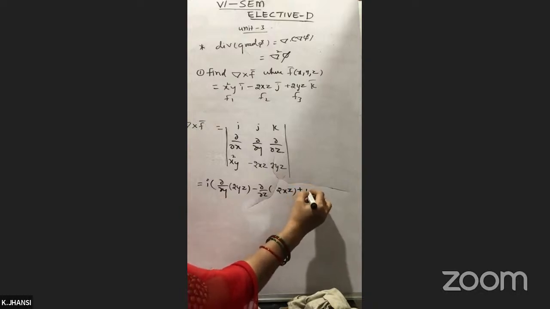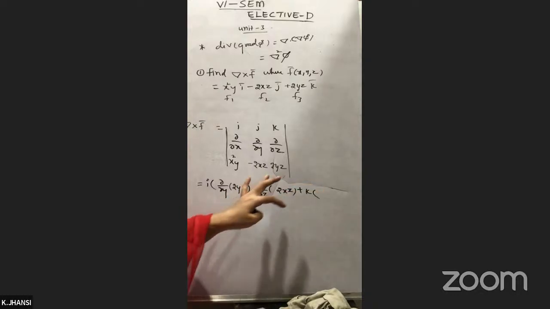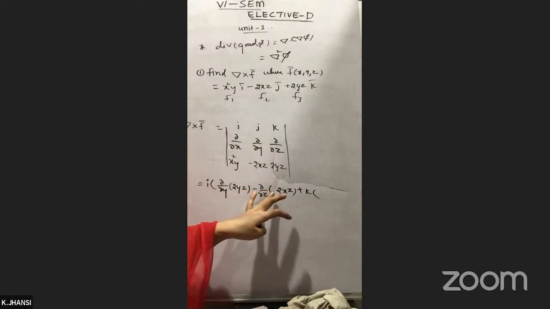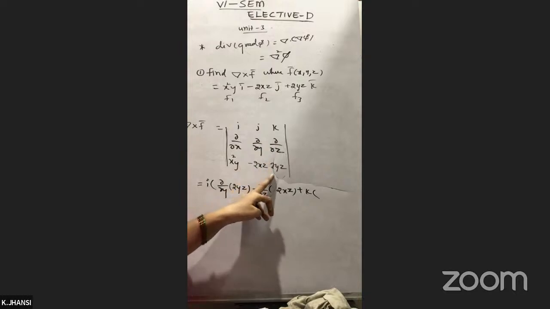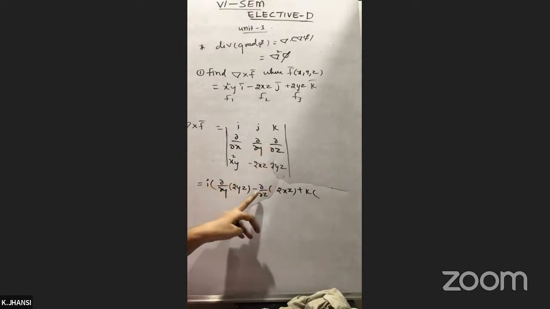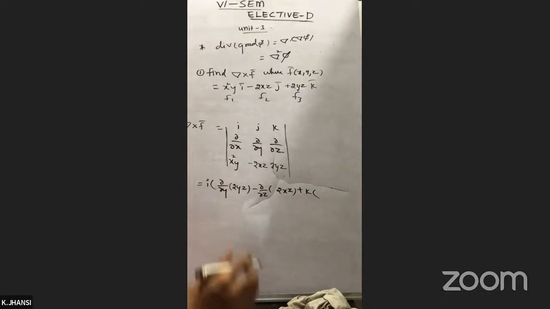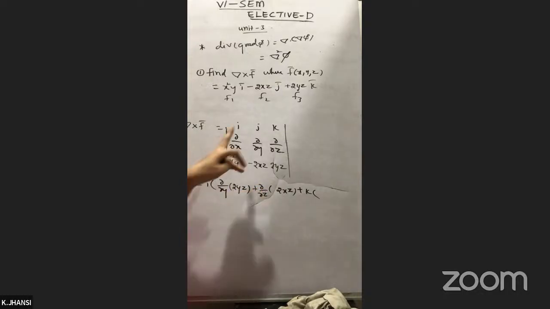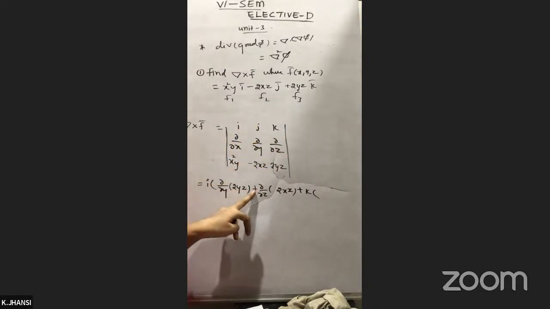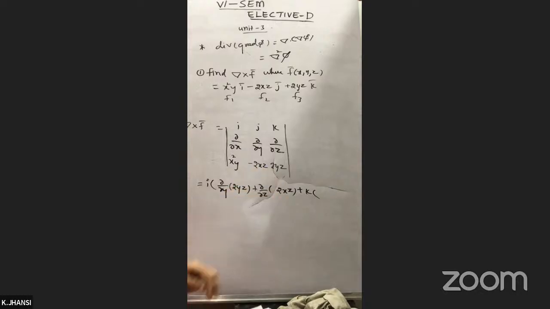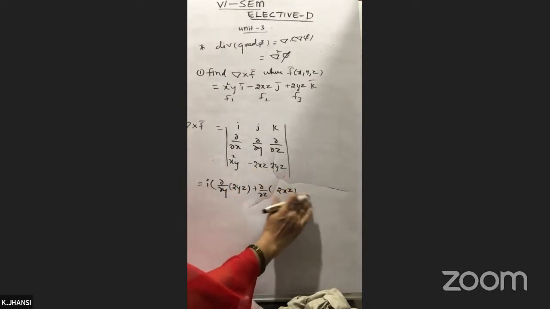Next plus k into dou y of 2yz minus of minus is plus dou z of 2xz.